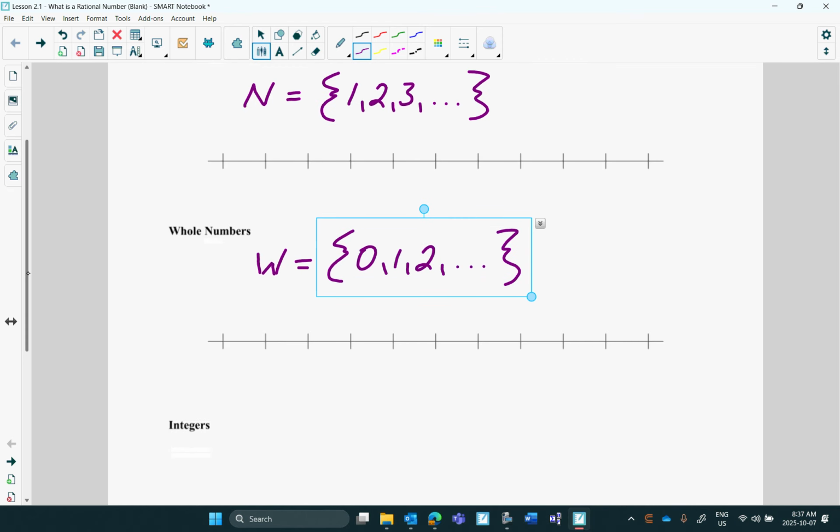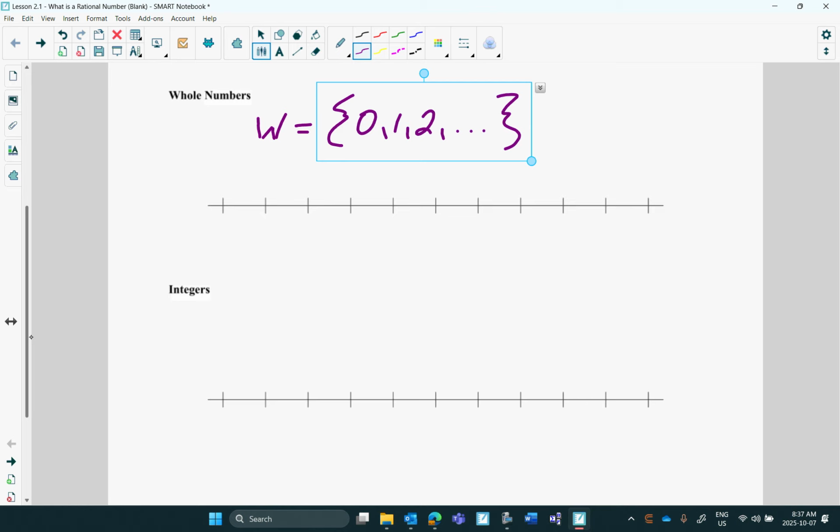Then there was the need, as businesses started to grow, for negative numbers. What happens if you owed something? So therefore, we had to add negative numbers to all the numbers. And those were called the integers, which we reviewed in the last year. Now, we actually use the letter Z to talk about the integers, because I represents something else in math. And how do we show those?